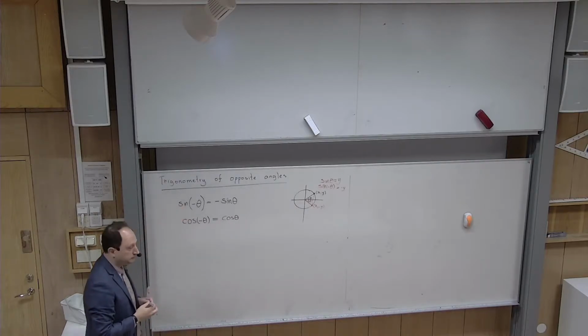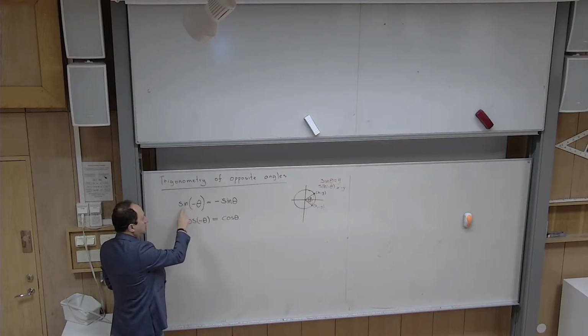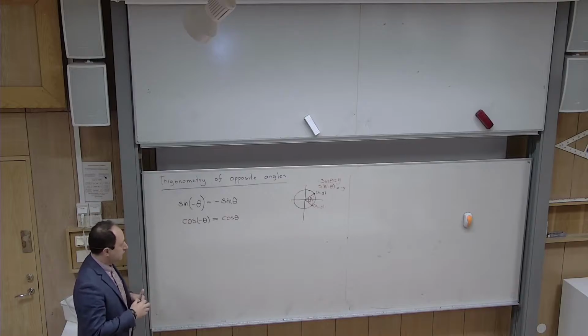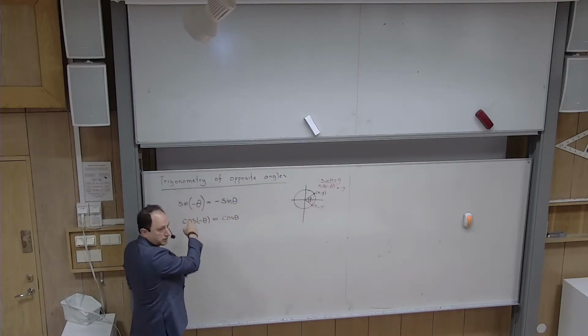So remember, if you have a negative sign inside the sine, this negative sign can be pulled out. But if you have a negative sign inside cosine, you can just simply drop the negative sign. You can just simply ignore that. This is the rule of thumb, but if you want to understand it, you have to visualize it here. Everyone understand what's going on?